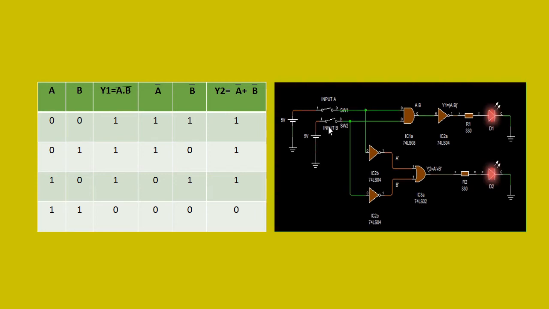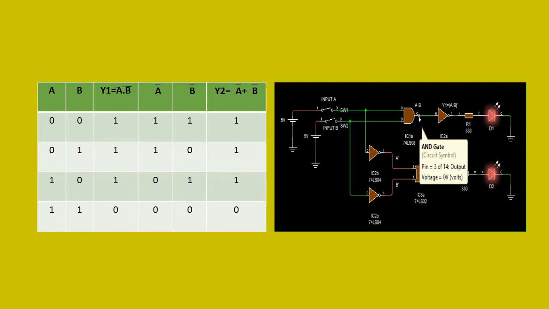First condition, that means input A is 0, input B is 0, that means switch 1 is open, switch 2 is also open. A 0, B 0. So the input of this AND gate terminal is 0 0. So from the output terminal of the AND gate we get 0 here.